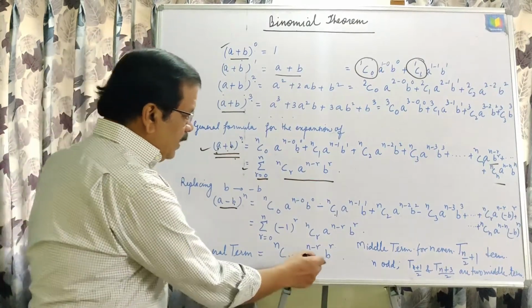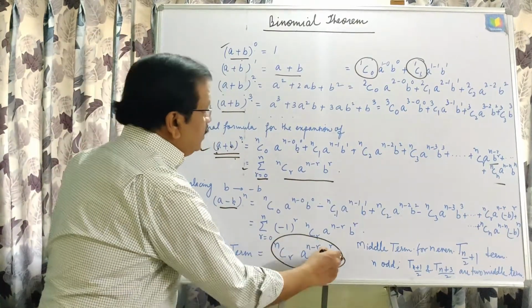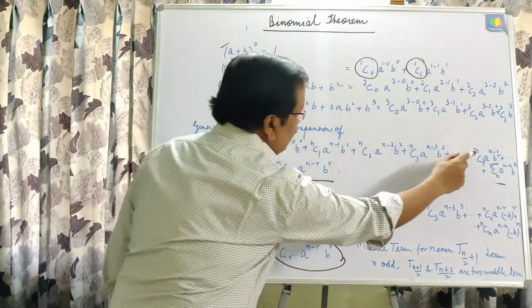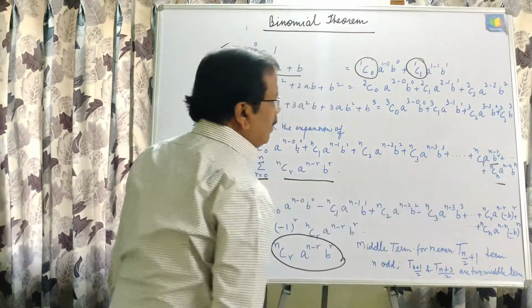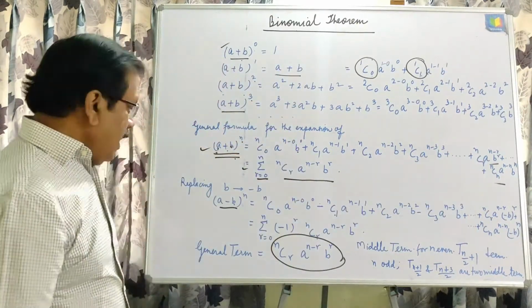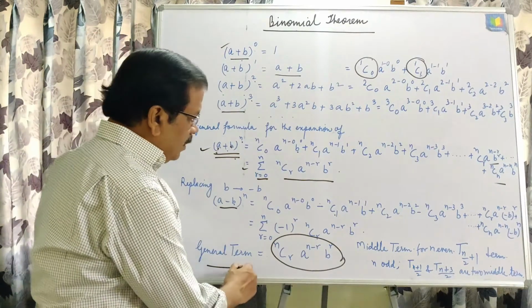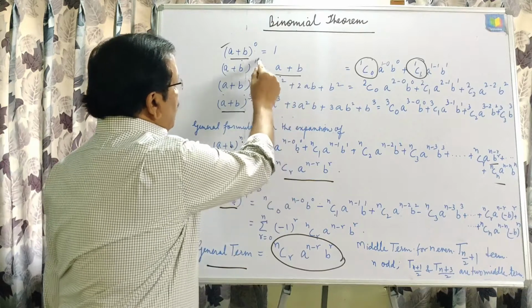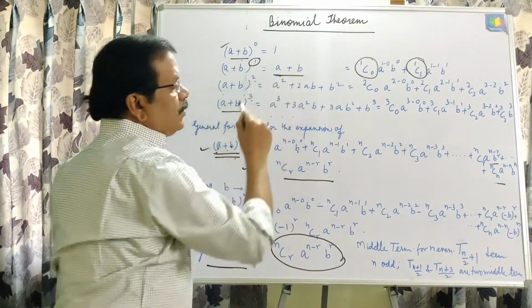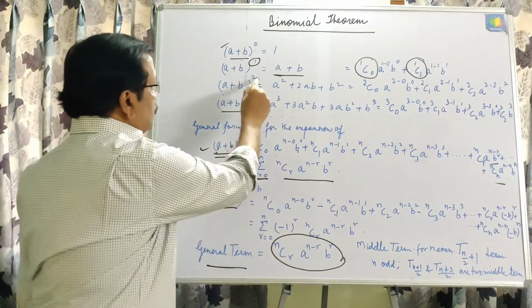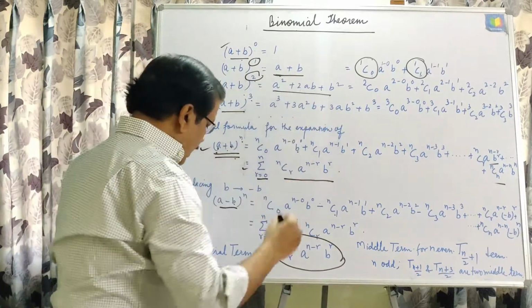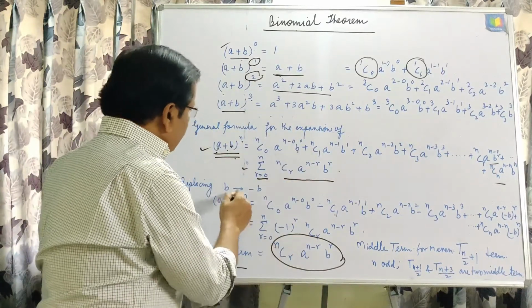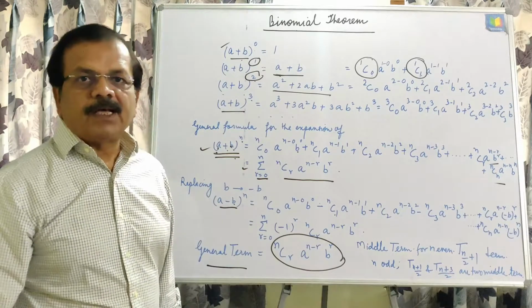Now you can see that the general term we are getting is nCr a to the power n minus r b to the power r, and that is why this is the general term. You can see that in each term, if n is 1, the number of terms is 2, if n is 2, the number of terms is 3, and that is why for n the number of terms will be n plus 1.